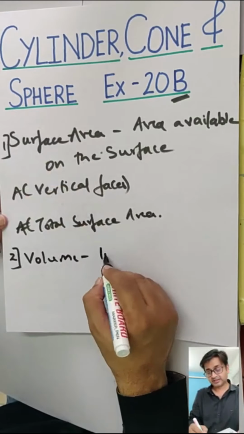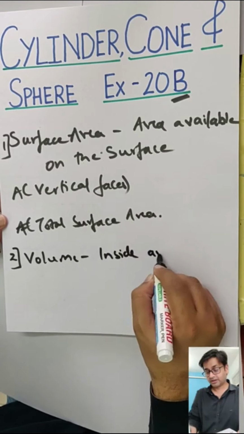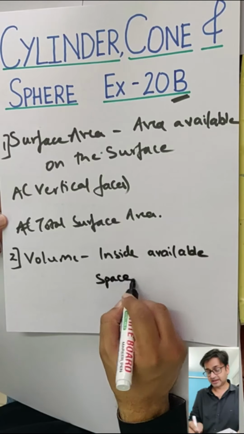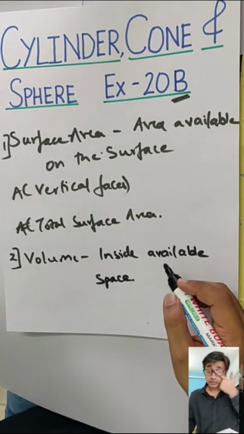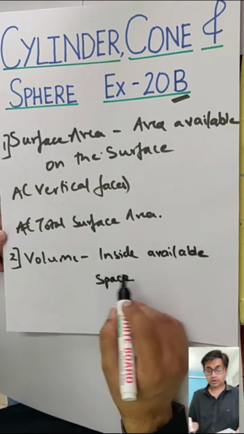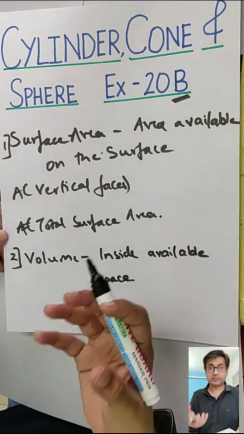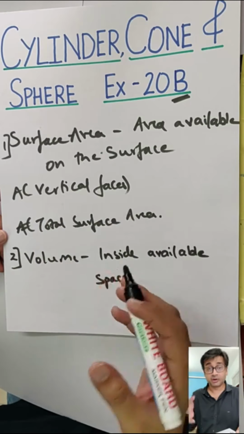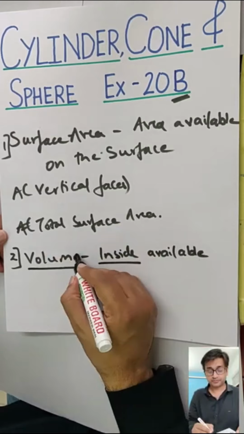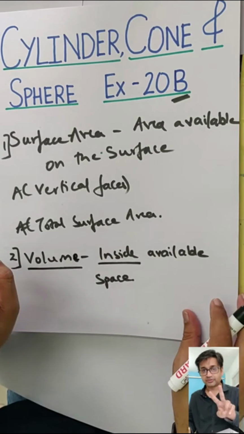So volume basically is the inside available space, or you can say space that is available inside. So whenever you want to find out what is the volume, or what is the amount of water, or what is the amount of objects that can stay inside, or the amount of air that can stay inside, basically you are talking about volume. Are we clear with these two concepts first?